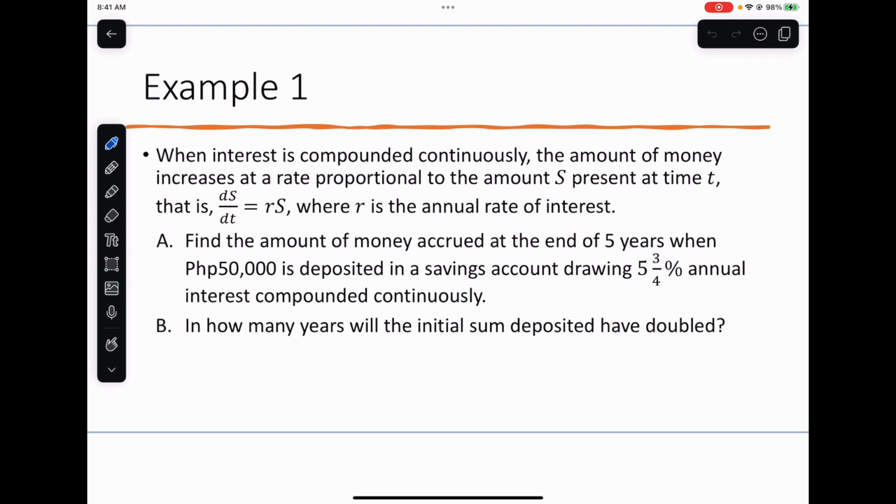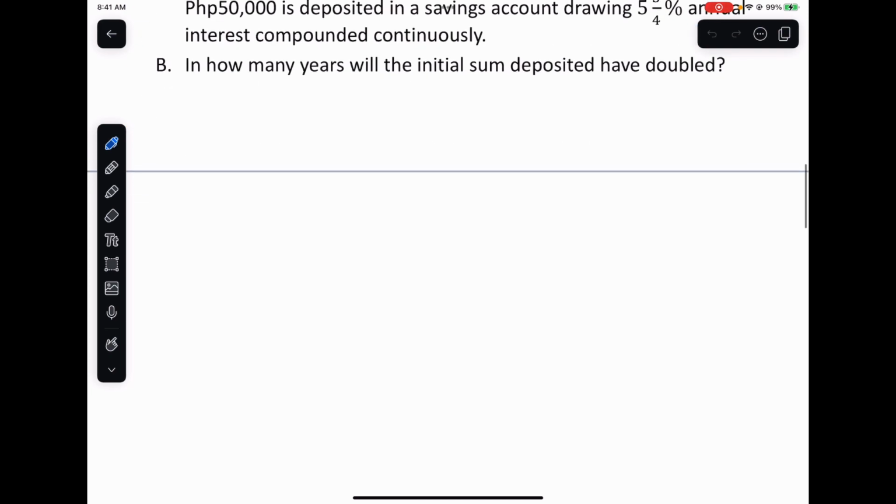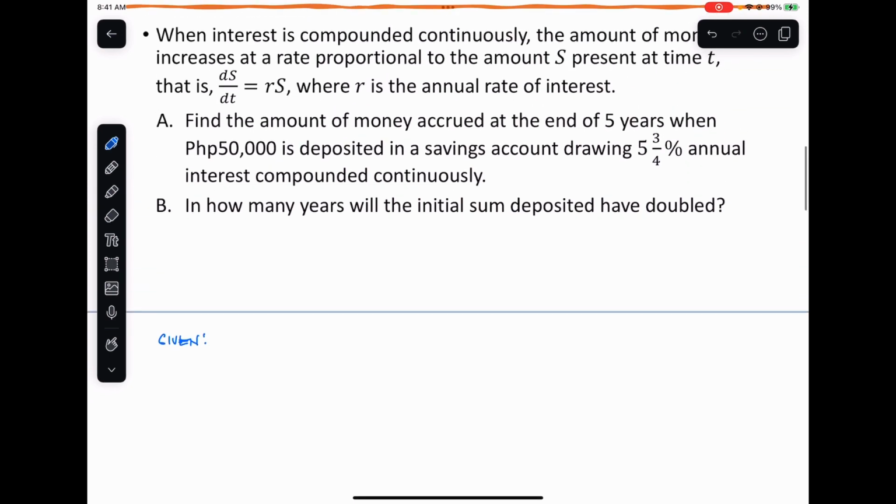When 50,000 pesos is deposited in a savings account drawing 5.75% annual interest compounded continuously, in how many years will the initial sum deposited have doubled? To solve this one, we're going to write our given. s corresponds to the amount of money at any time t.